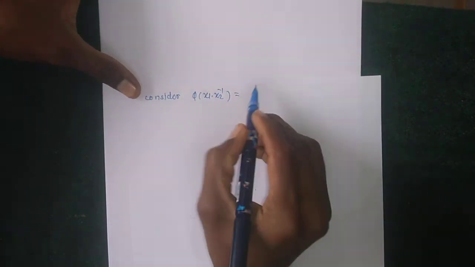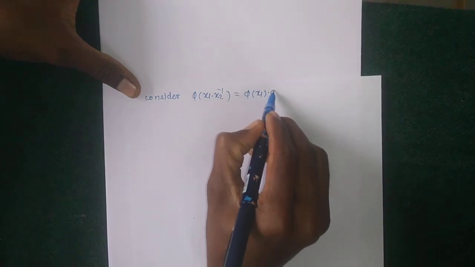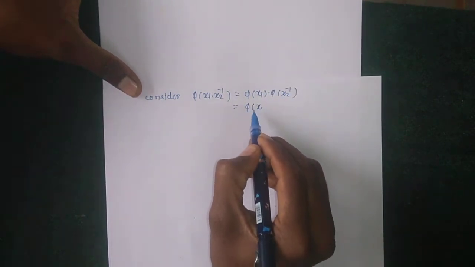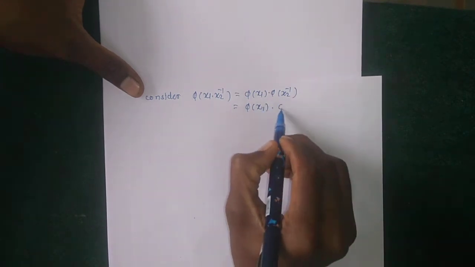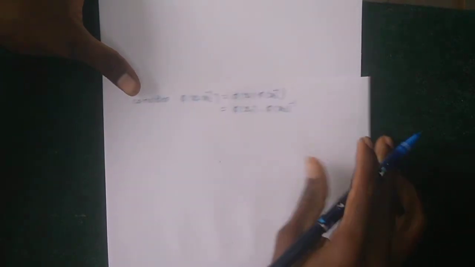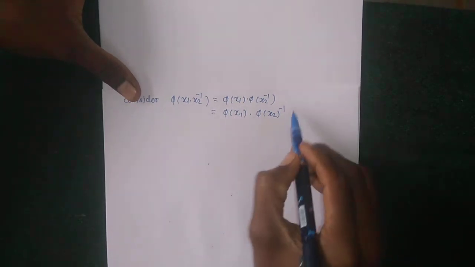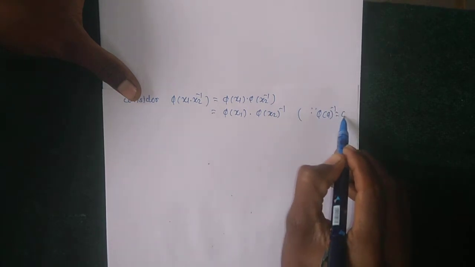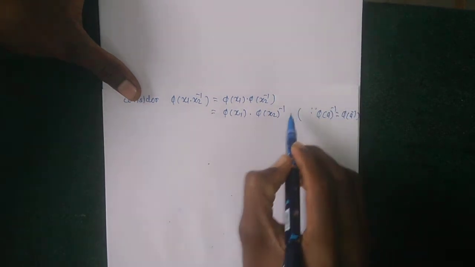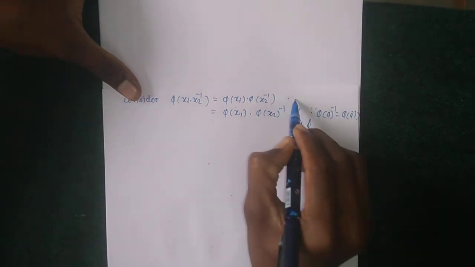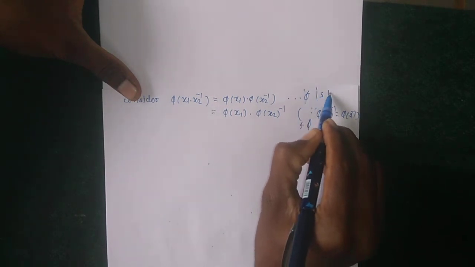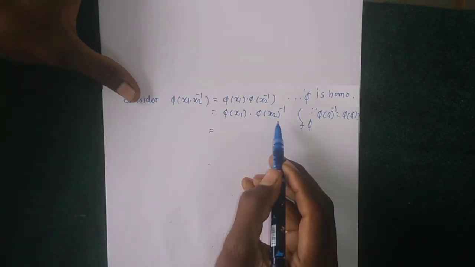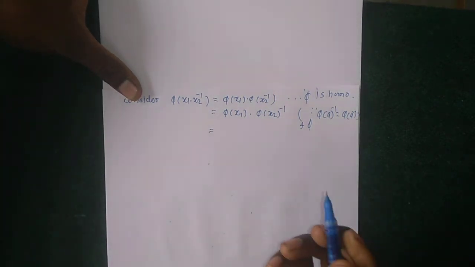Since phi is a homomorphism, this can be written as phi of x1 into phi of x2 inverse, and this is also written as phi of x1 into the whole inverse of phi of x2, since phi of a inverse equals phi of a, inverse, and phi is a homomorphism. Okay, so phi of x1 into the whole inverse of phi of x2 equals e dash.